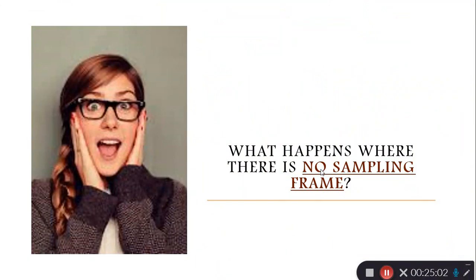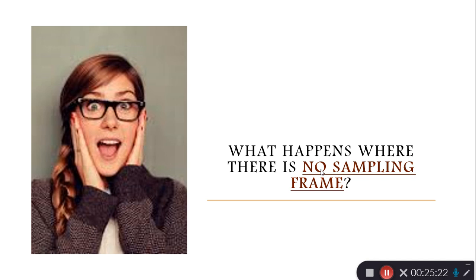So what happens when there's no sampling frame? As I just mentioned throughout our discussion on probability methods, being able to utilize a probability method in our research heavily relies on our ability to access an accurate sampling frame.